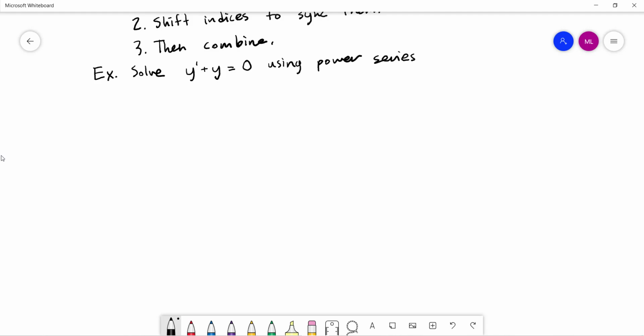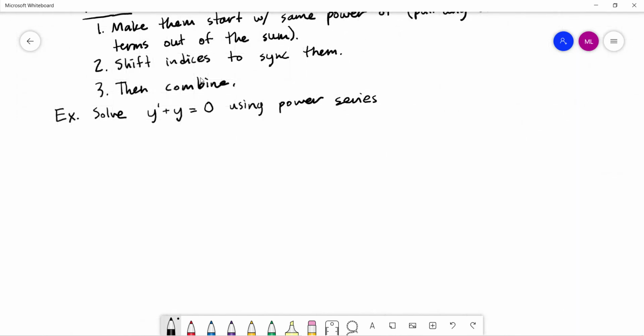Right, this is a first order differential equation. It's linear. We could simply use integrating factor on this. So as a side note, we're just doing this to kind of get a sense of how this process works. There's easier ways to do this. This can be done easily using integrating factor. And the solution to something like this winds up being exponentials, right?